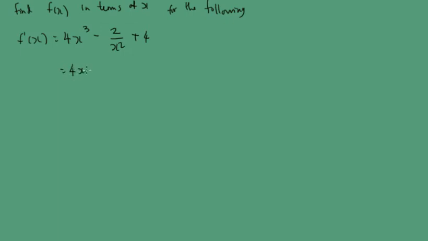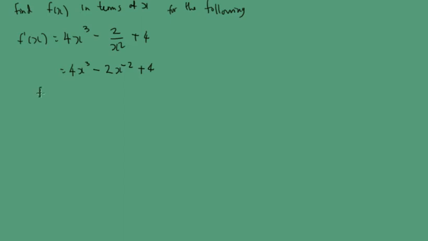Find f of x in terms of x for the following. If f dashed of x equals 4x cubed minus 2 over x squared plus 4, first we're going to rewrite this as 4x cubed minus 2x to the minus 2 plus 4.